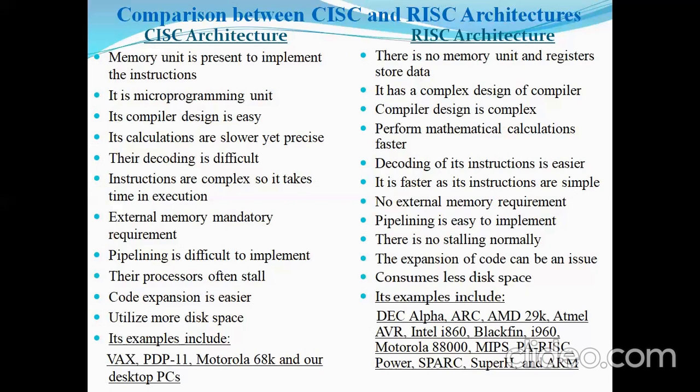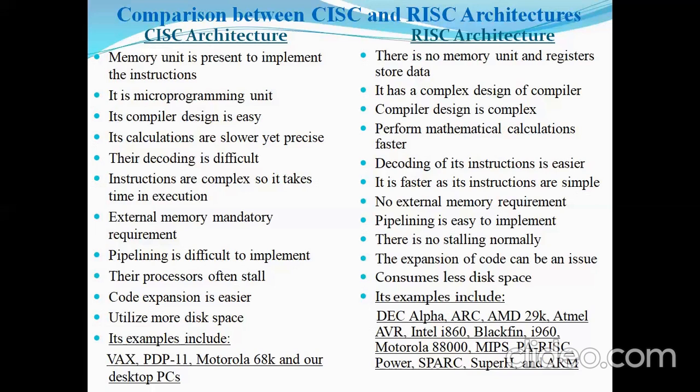Then there is difficulty in the decoding in the CISC architecture, whereas decoding of its instructions is easier in the RISC architecture. Then instructions are complex, so it takes time in execution in the CISC architecture, whereas it is faster as its instructions are simple in the RISC architecture.